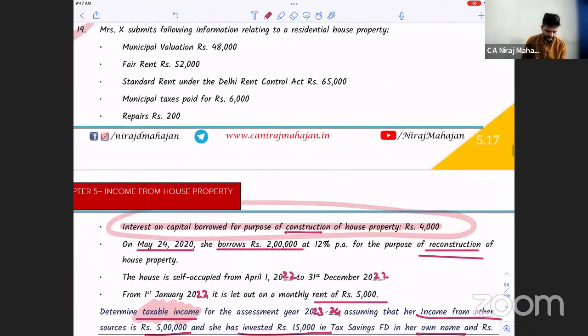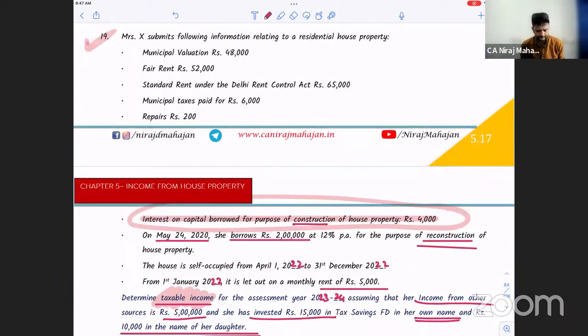I'm keeping that question in front of you again. Give me income from house property. The data is there in front of you. Try quickly. I think Khushbu, you gave the answer, no? Mansi also gave the answer. Nitin. Oh, Nitin bhai.